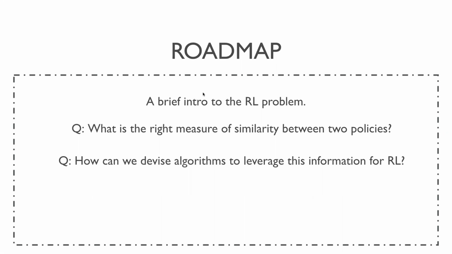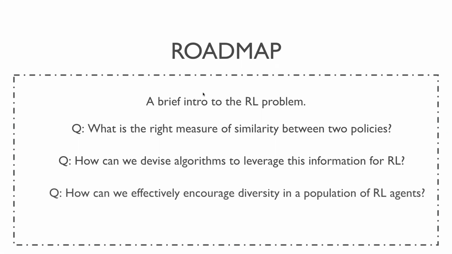I'll give some ideas on how we can answer this question in a meaningful way, and how the answer leads to algorithms that leverage the solution to solve a bunch of different RL types of problems.